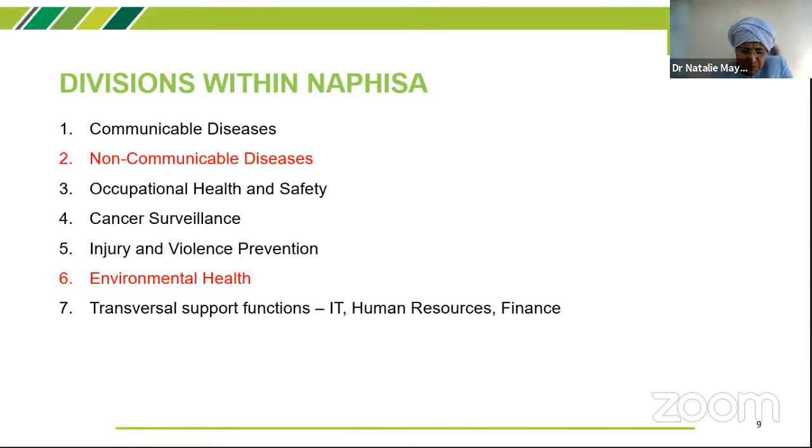I highlight also environmental health because ideally we want to come to a point where we link environmental exposure and map that with disease burden.